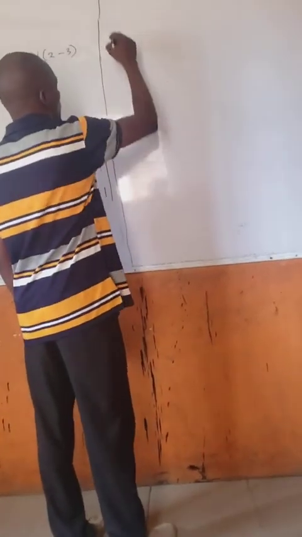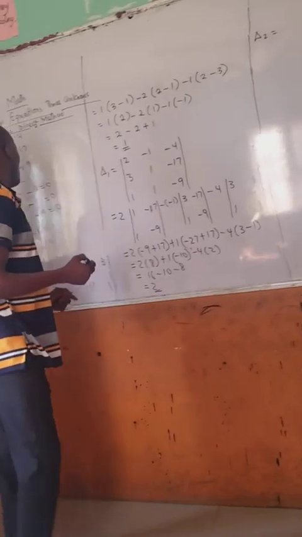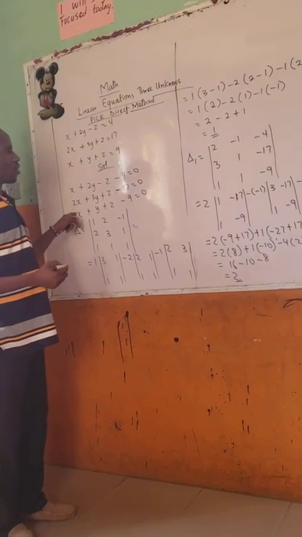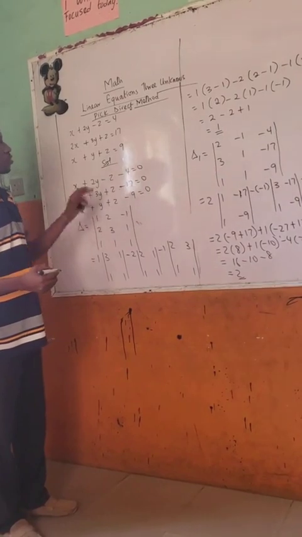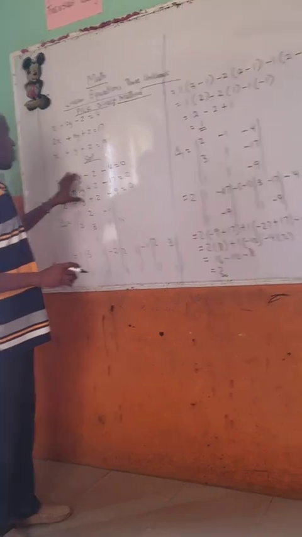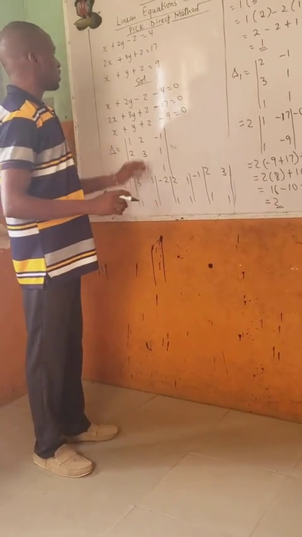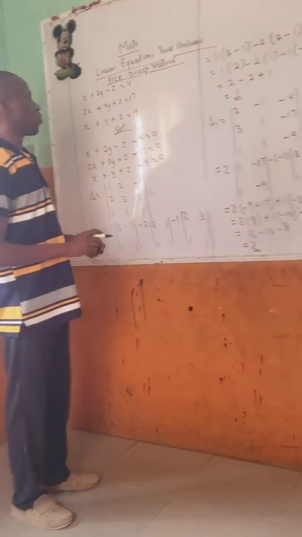Let's go for delta 2. For us to get delta 2, remember we leave the first column coefficients, we pick the next three column coefficients after delta 1's. That is the third, the fourth, and the first column coefficients.